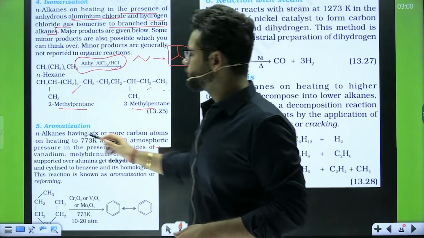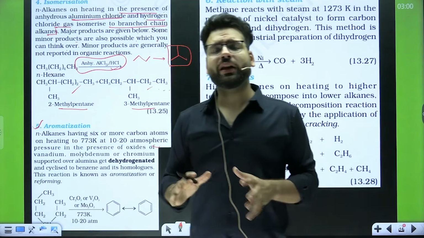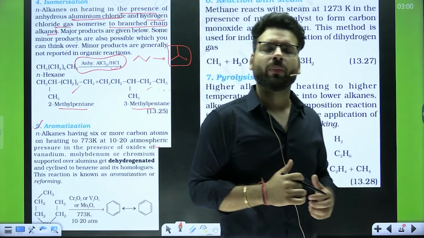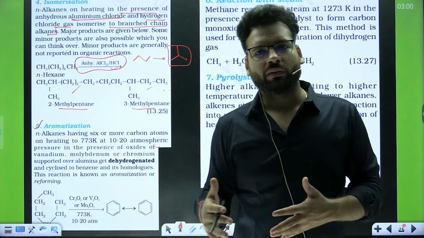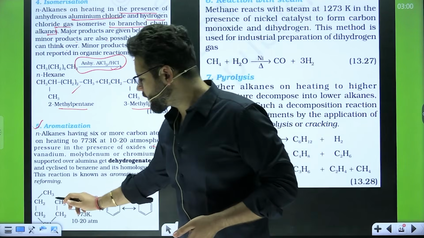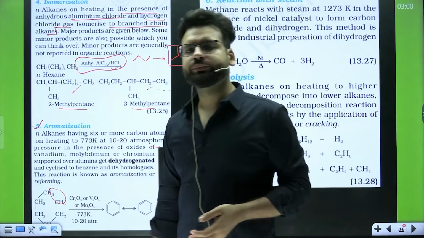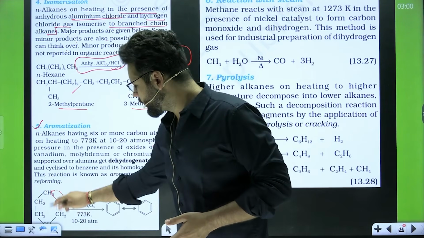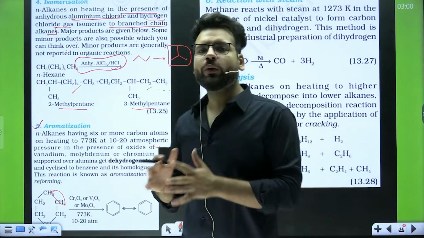Next one, aromatization. Another very, very important reaction for the preparation of benzene and benzene derivatives. If you take hexane or heptane or octane, the first and sixth carbon can undergo cyclization by removal of hydrogen gas. So if I remove an H2 gas from here, I can reach cyclohexane.